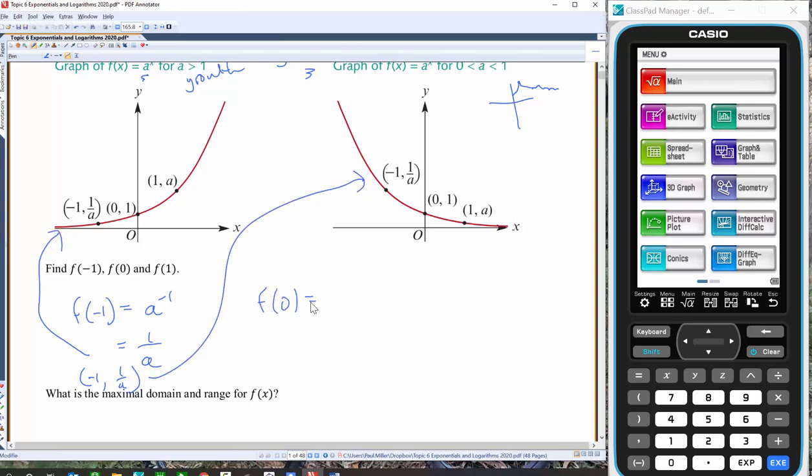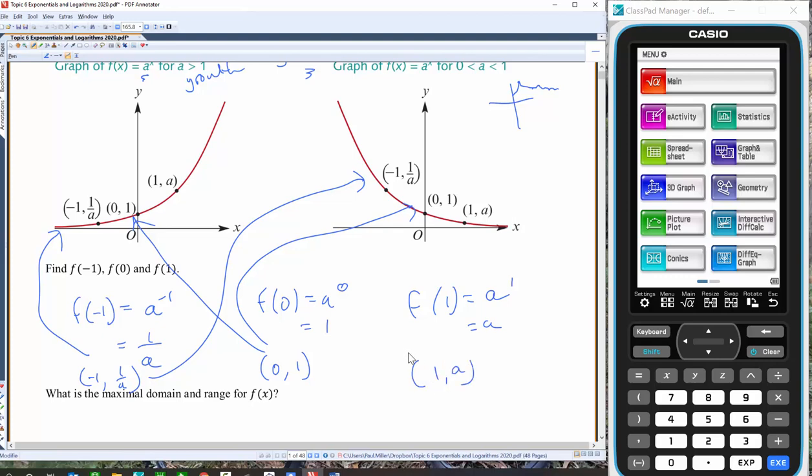When x is equal to 0, then y is equal to a to the 0, which is 1. So 0, 1. There it is. And when x is equal to 1, that's a to the 1, which is equal to a. So 1, a. And again, that point is there, and it's there.